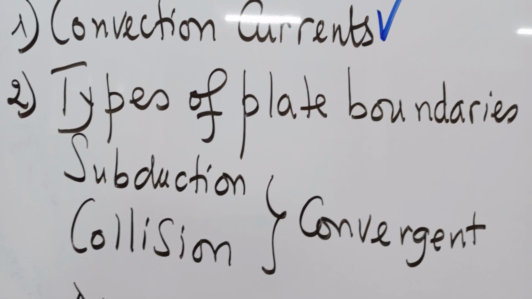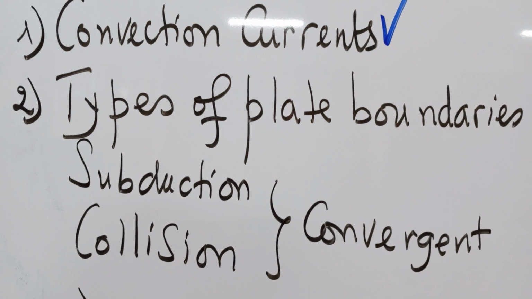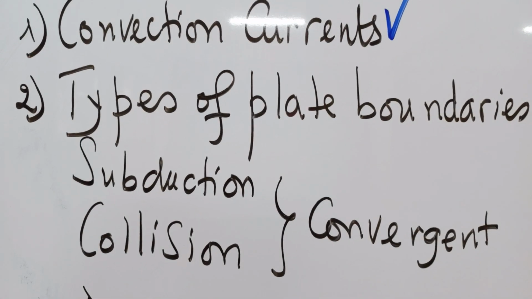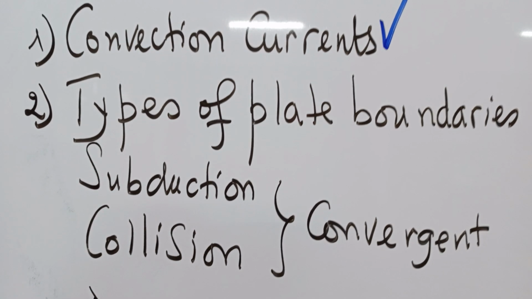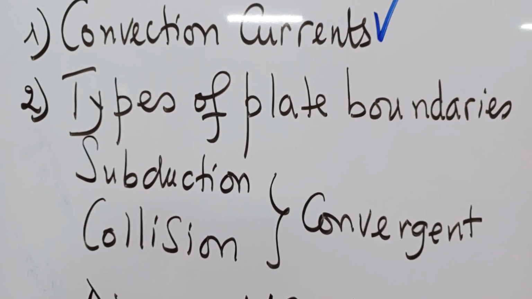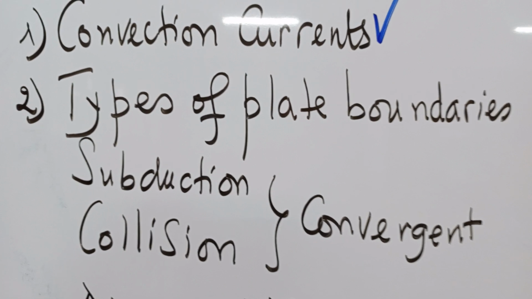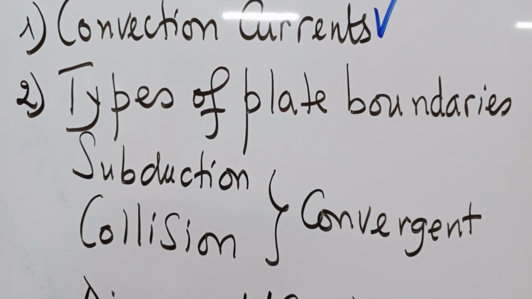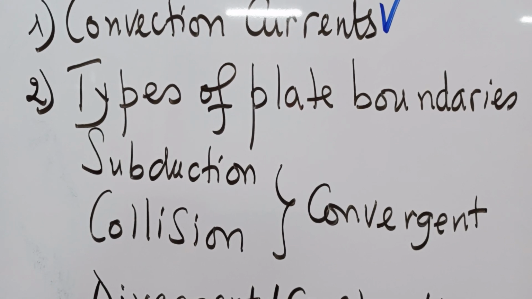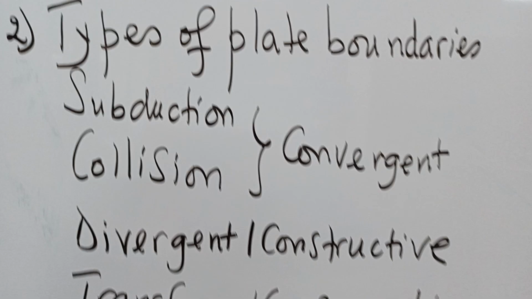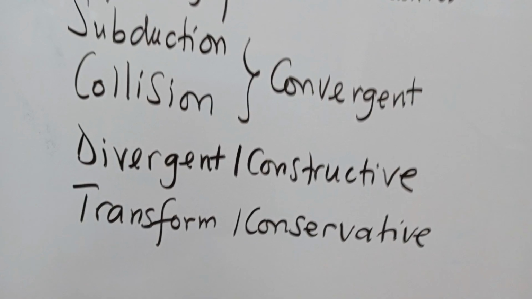And when one is oceanic and another is continental, having different densities, oceanic is denser than continental one, so subduction happens when denser one drags beneath a lighter one. We will see the details later.